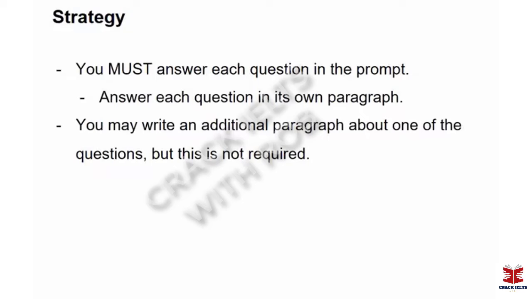Usually the best thing to do is to simply write 1 paragraph per question and leave it there, all right? And usually that will get you to your 250 word minimum, okay? However, if you have more to say, if you write quickly and you get through both of your body paragraphs really fast and you want to add some content, it is perfectly fine to add another paragraph to one of the questions, okay?